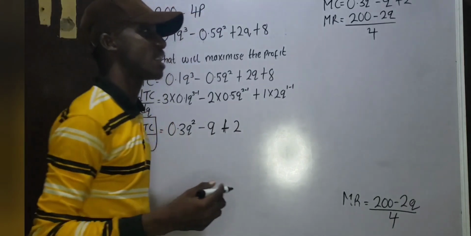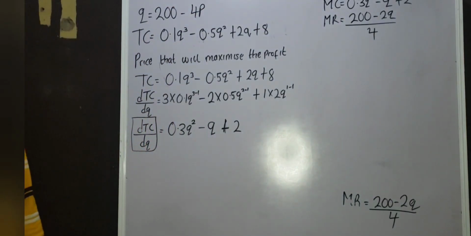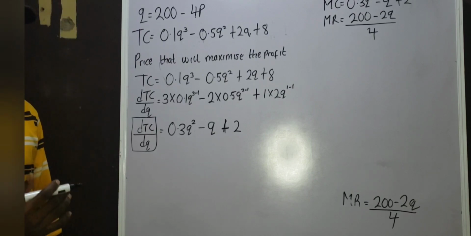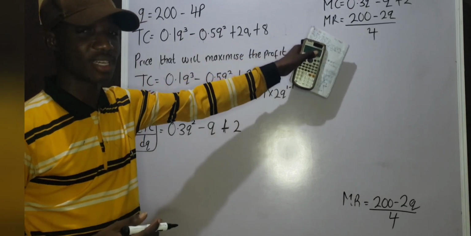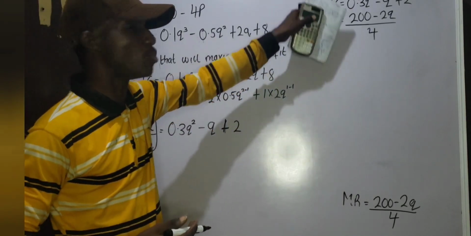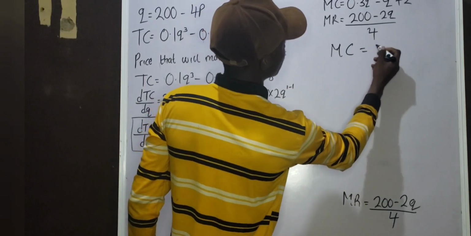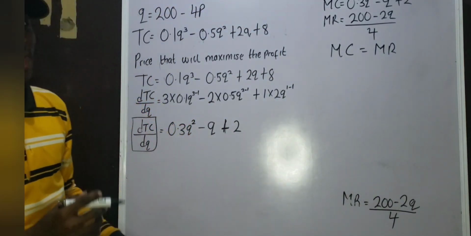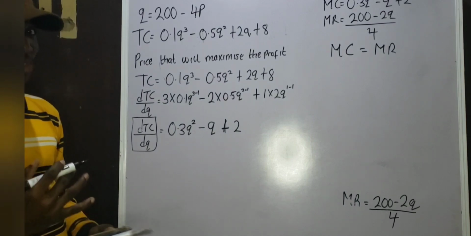Okay, now don't forget that I told you for a firm to start making profit, the marginal cost must be equal to marginal revenue. That is the reason why we calculate the marginal cost and marginal revenue. So I'm going to equate both, MC equals MR. The quantity at this point is what I want to find.